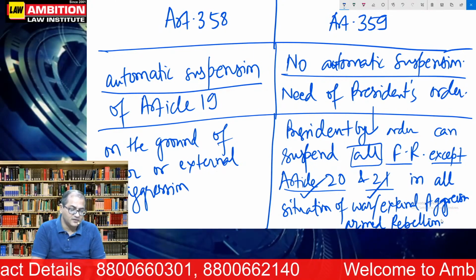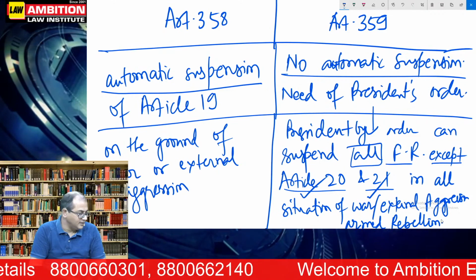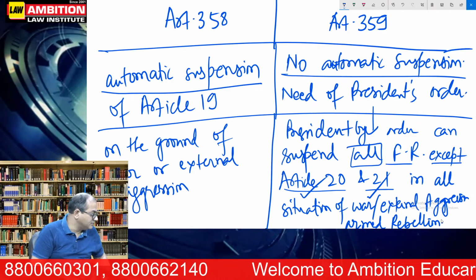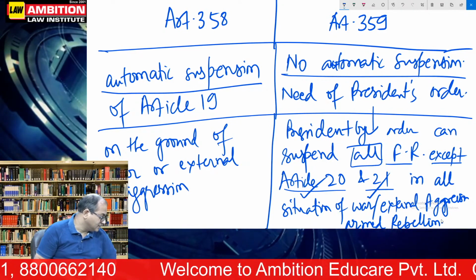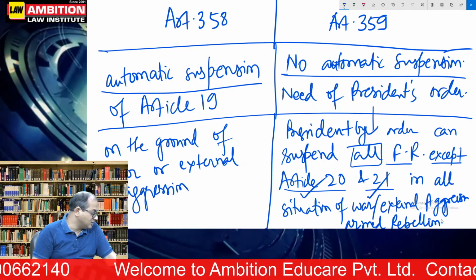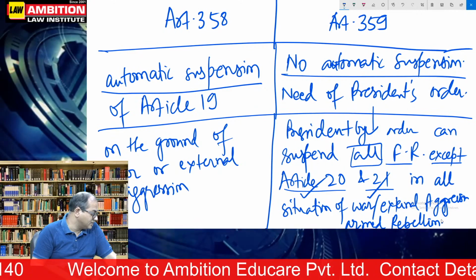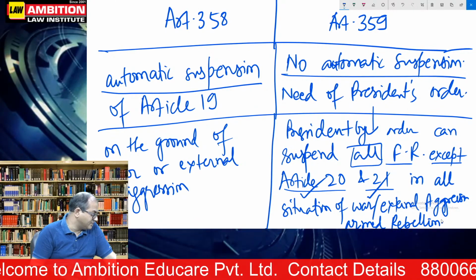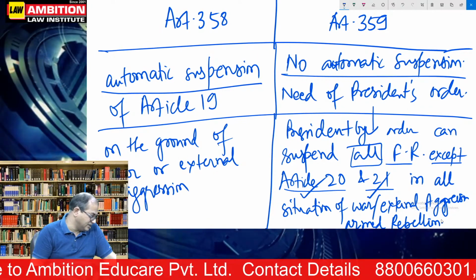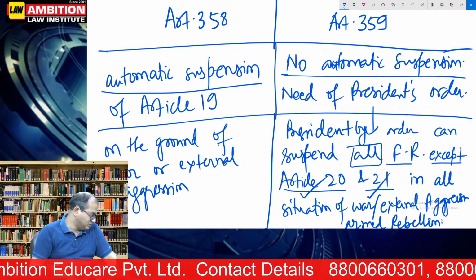There is no automatic suspension in 359. This is the major point of distinction. There are other points written in the material, just see it. It says 359 operates only in case of external emergency. That is what I have told you, it automatically suspends. It relates to Article 19 only, that I have already said.